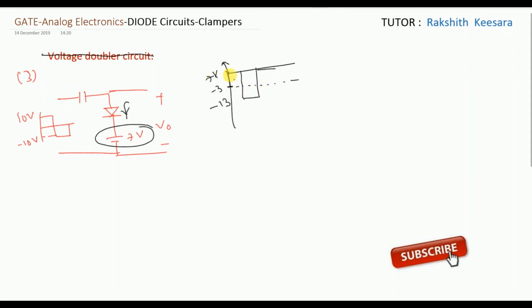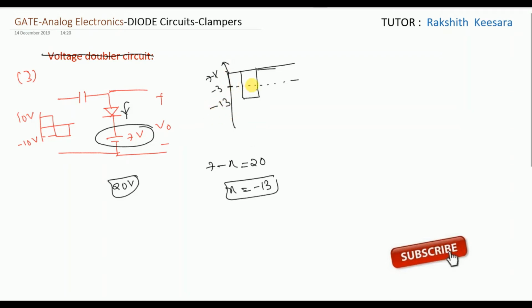So this is the 7 volt, guys. Our peak to peak should remain the same. What is the peak to peak here? 20 volt. So the peak to peak should be 20 volt. What is this voltage? 7 minus some x equals 20. So what will be x? Minus 13. This voltage should be minus 13.